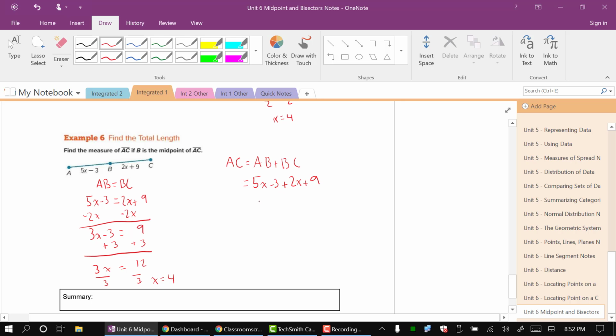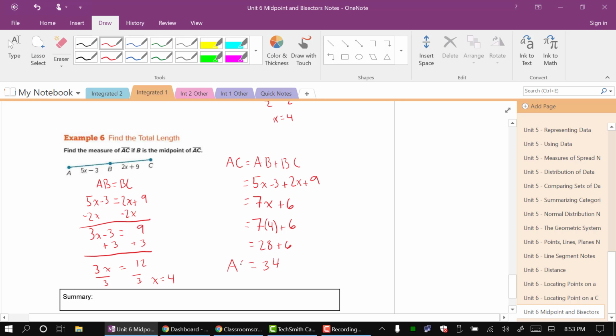Since we're adding them together, I could put these together. So 5 plus 2 more gives me 7x. 3 taken away from 9 gives me 6. Now I have what x equals. x equals 4. So that gives me 7 times 4 plus 6. 7 times 4 is 28, plus 6 is 34.